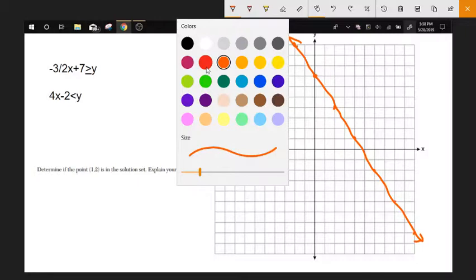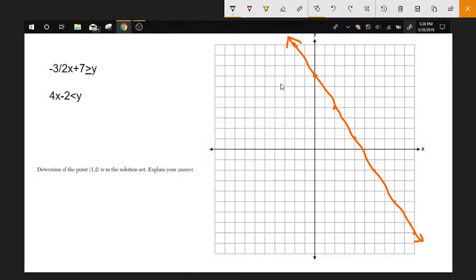Let's use a different color. Go with the blue. Okay, so 4x minus 2. Our y-intercept is negative 2, so we can just go there right away.